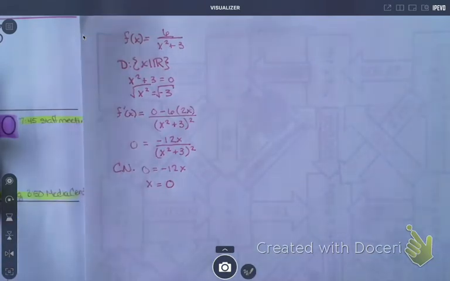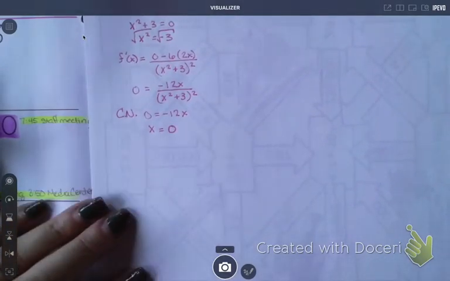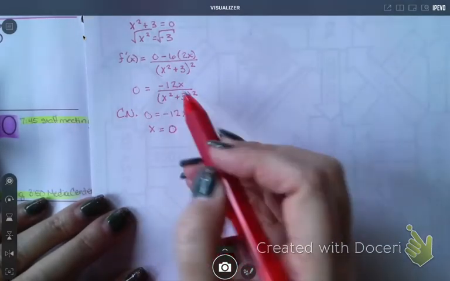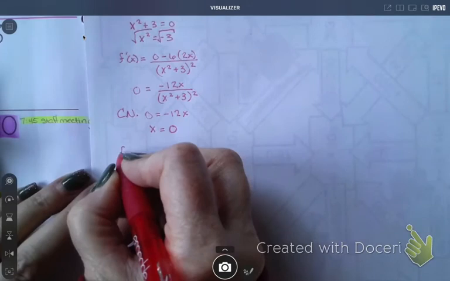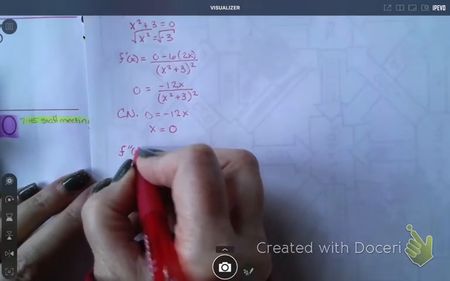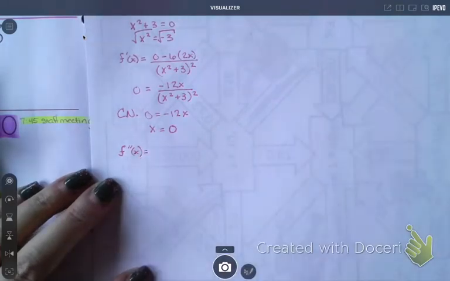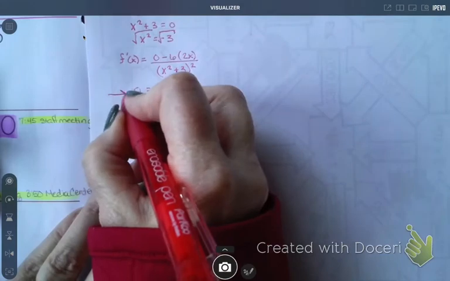Okay, so now we're going to do the second derivative. So it's important that I make sure my first derivative is correct. So my second derivative, I get to do the quotient rule again, don't I? Remember, you're looking at your first derivative.